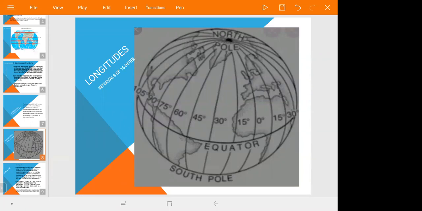So from 0 to 15, there is no longitude line drawn, but we know there are 15 longitudes, they are just not drawn. Is it clear? As you can see here also, it is making a semicircle. But if you see these longitudes on a map, they are vertically straight.